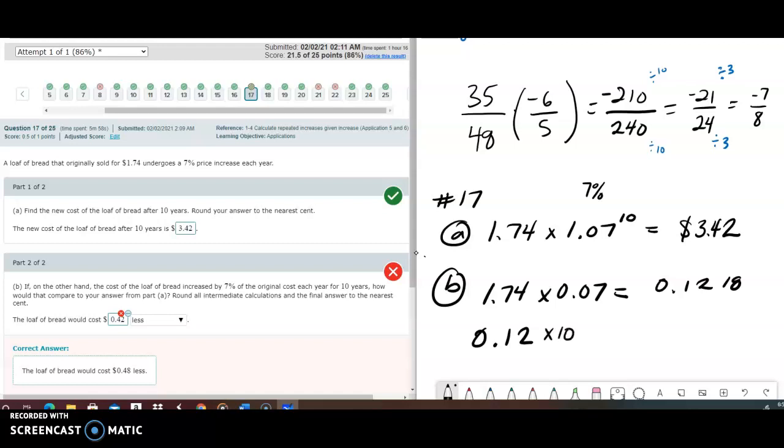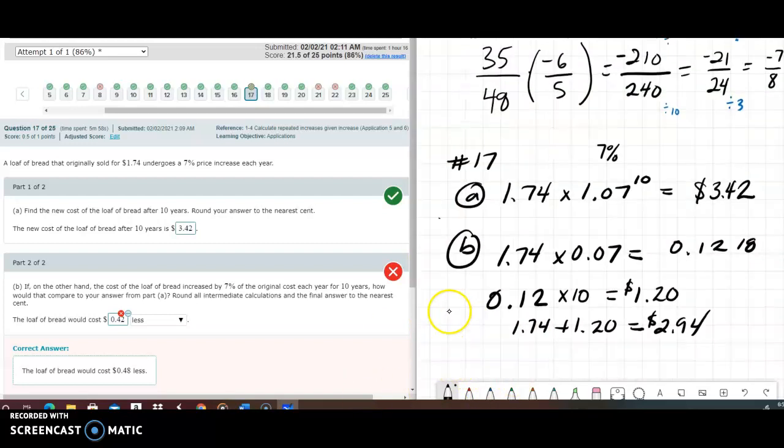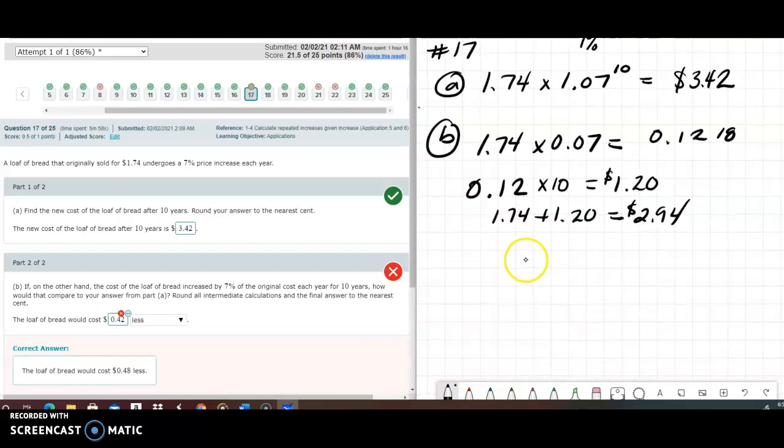Or what I could do is multiply that by 10. It's the same thing as adding 12 cents 10 times. So I get $1.20. So the increase would be $1.74 plus $1.20, giving you a total of $2.94 after the 10 years.